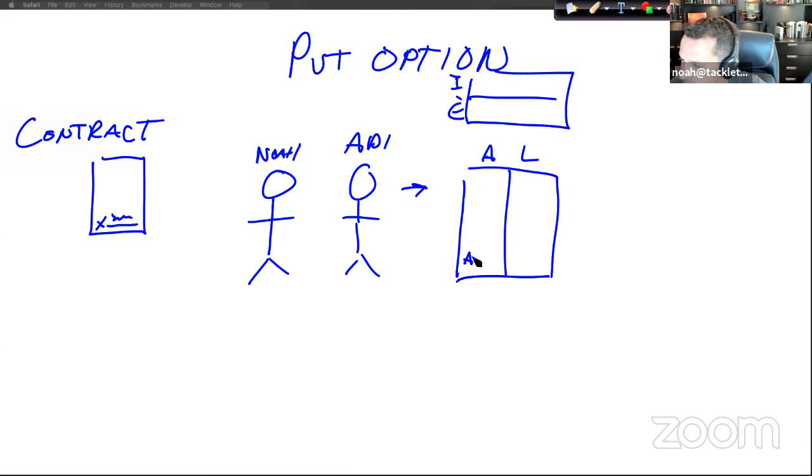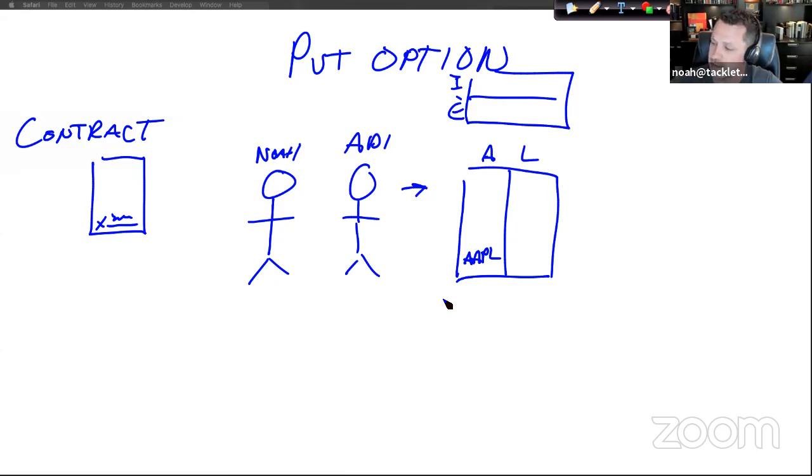So if Adi owns Apple, let's say he's owned it for a couple of years, he's got a decent cost base on it, and he always likes to carry through earnings because sometimes Apple has good earnings announcements and the stock price goes up. But he likes to cover his assets just in case Apple has a negative report on earnings or lowered guidance or something like that, and Apple's stock price drops.